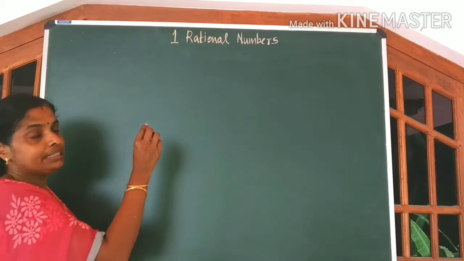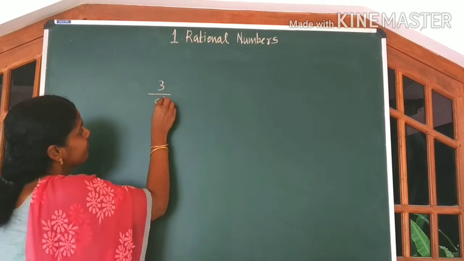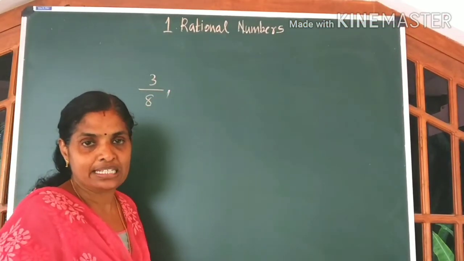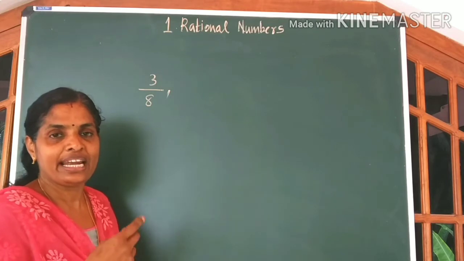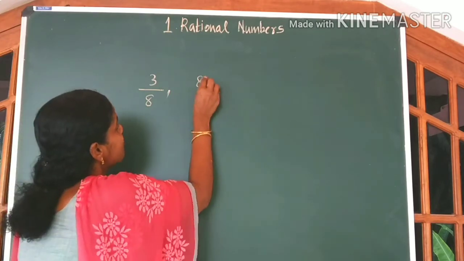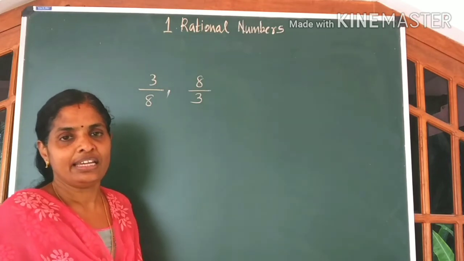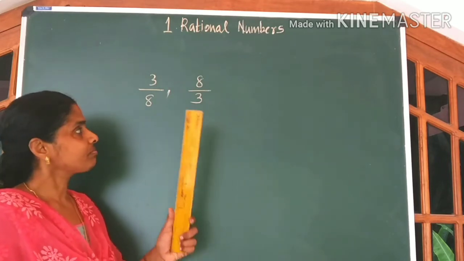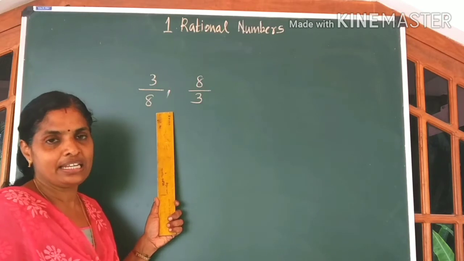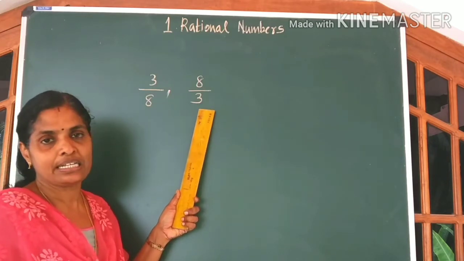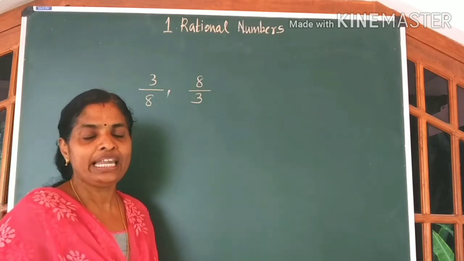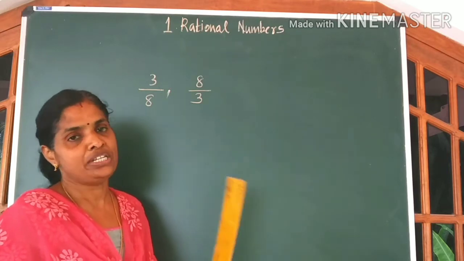You know 3 by 8 is a proper fraction. Let us write the reverse of it. 8 by 3. This is an improper fraction, isn't it? Now, this proper fraction and this improper fraction are commonly called by a name, rational number.